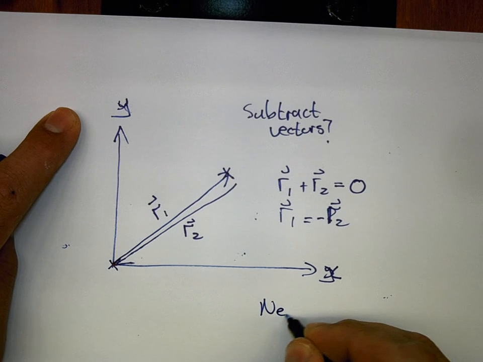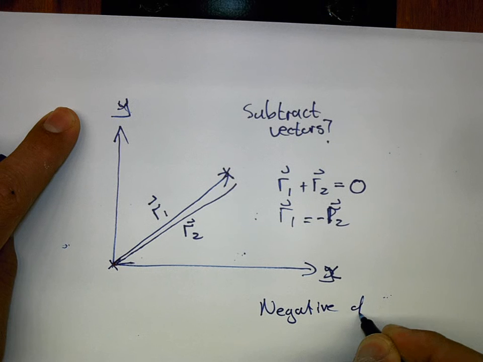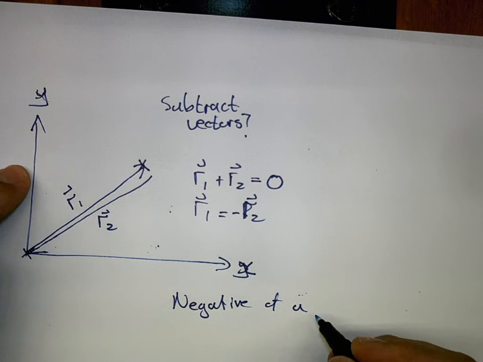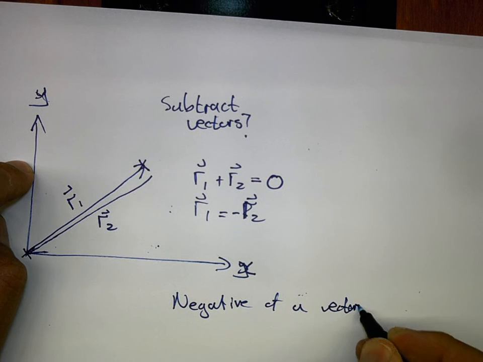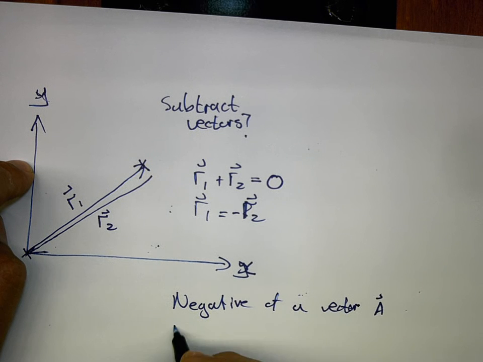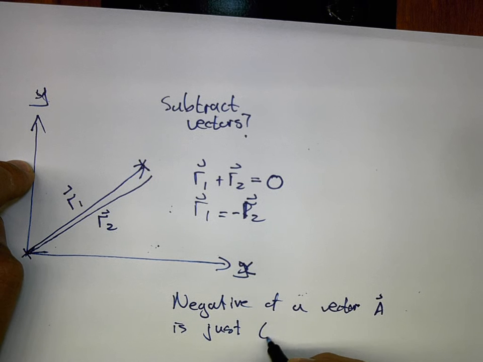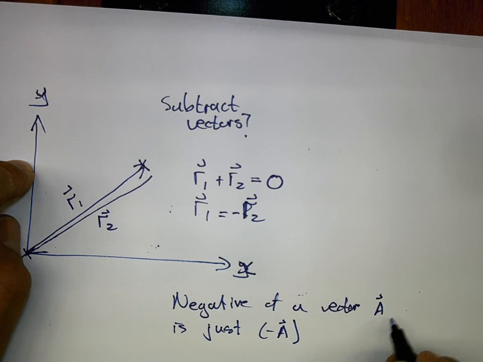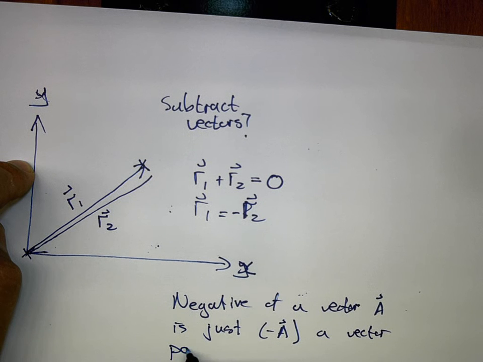So the negative of a vector, let's say it's a vector A, we will call it obviously negative A, but it's just a vector pointing in the opposite direction, but with the same magnitude.